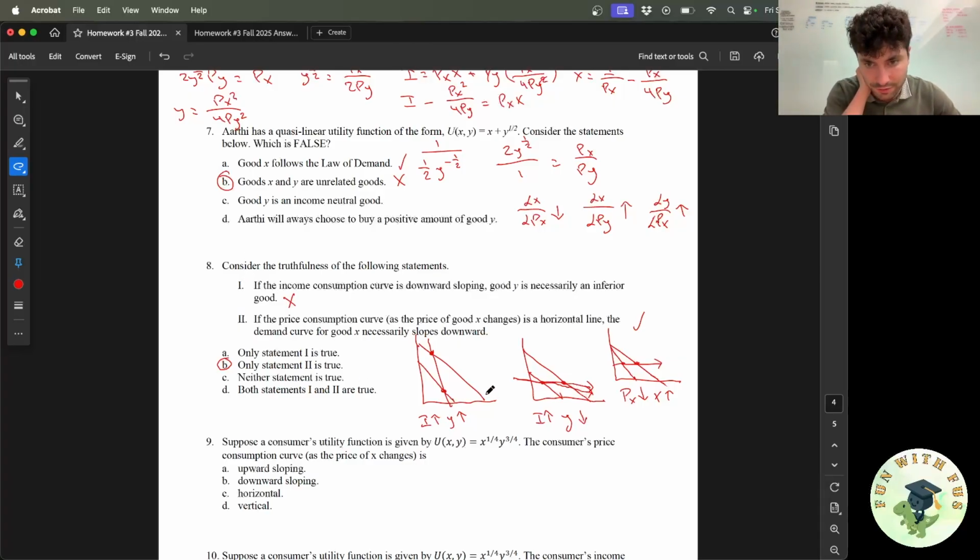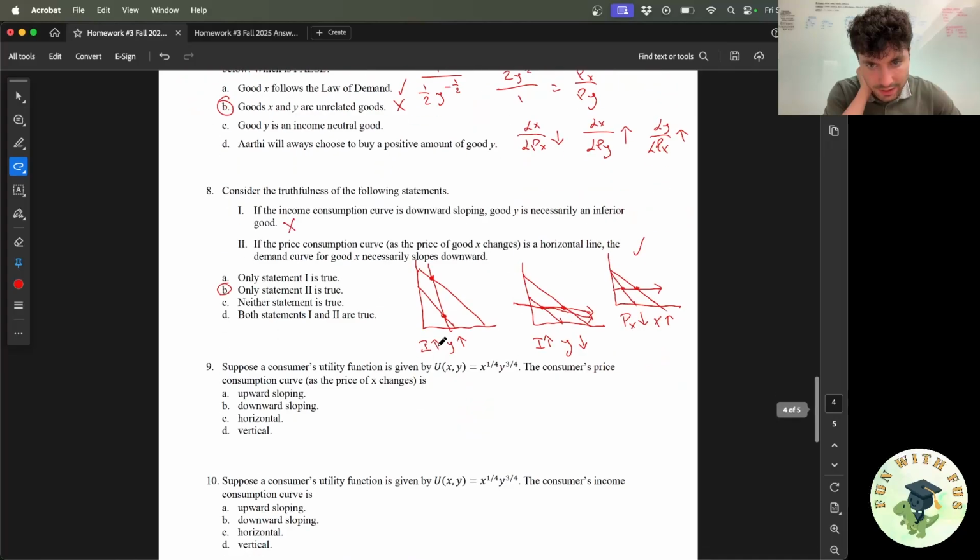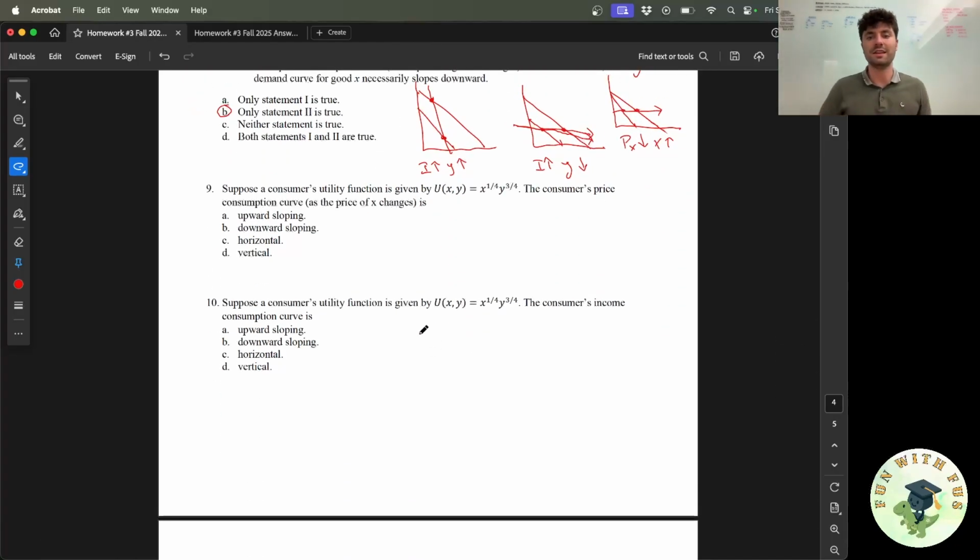Okay, so for number 9, and I think what's awesome about this homework, they threw you a little bone that you don't have to solve 2 utility functions. 9 and 10 are luckily the same. This just in, newsflash, I was solving for the demand functions here, and you can solve for the demand functions. I think it's good practice.